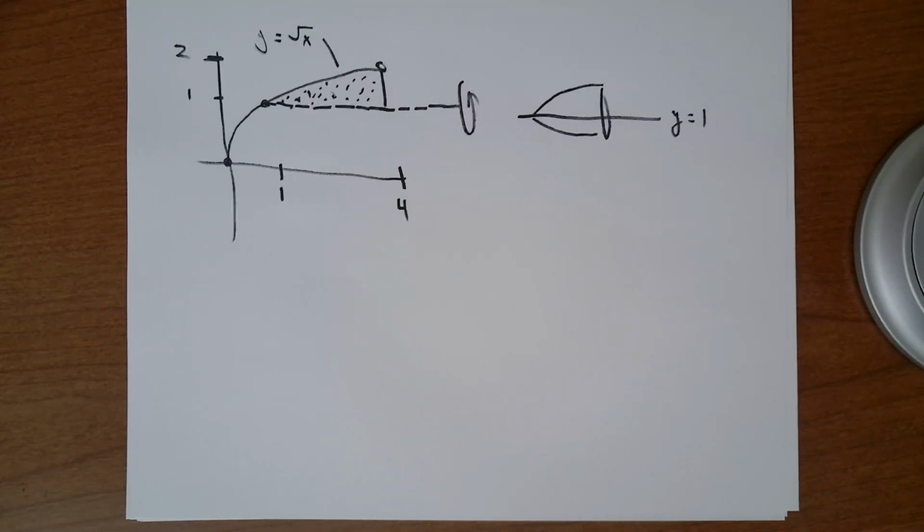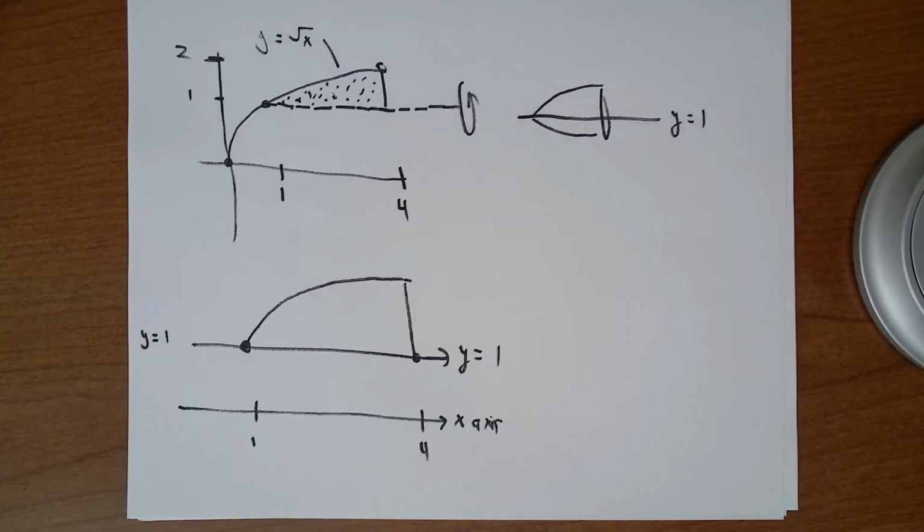Even though I'm not revolving around the x-axis, I am revolving around a line parallel to the x-axis, so I'm going to split the x-range up into a bunch of smaller pieces. I'm not going to draw those smaller pieces literally on the x-axis, though. I'm going to split them up on the axis of rotation.